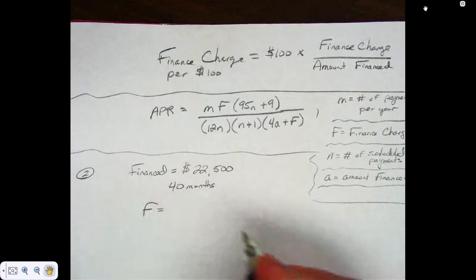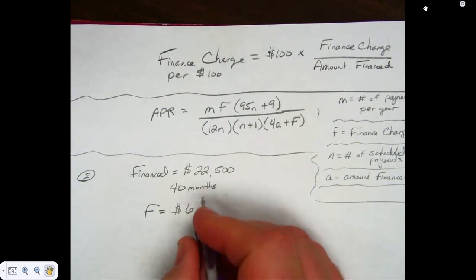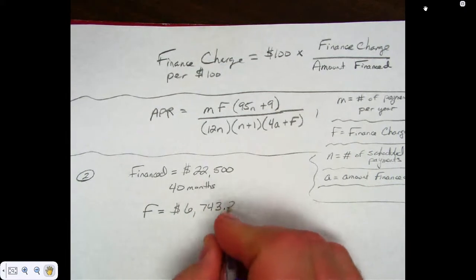F, which is the finance charge, was equal to $6,743.25.